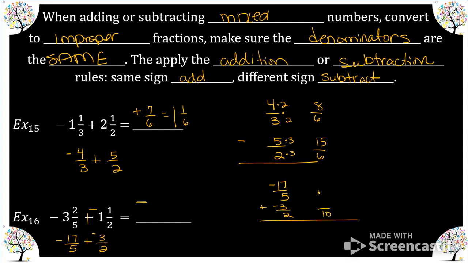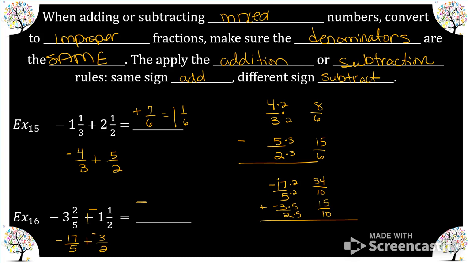This time 10 is going to be our common denominator. So 5 times 2 gave us 10. So 17 times 2 is 34. 2 times 5 is 10. Therefore, 3 times 5 is 15.